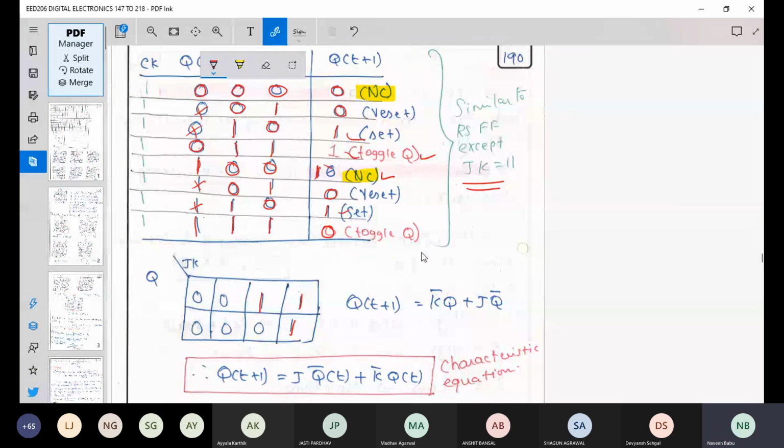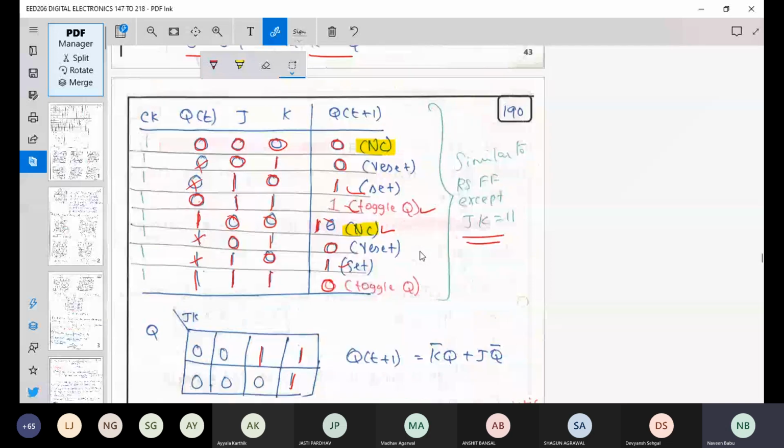Okay, so 0 corresponds to 0, 0, 1, 1, and here it must be no change. It must be 1 here.